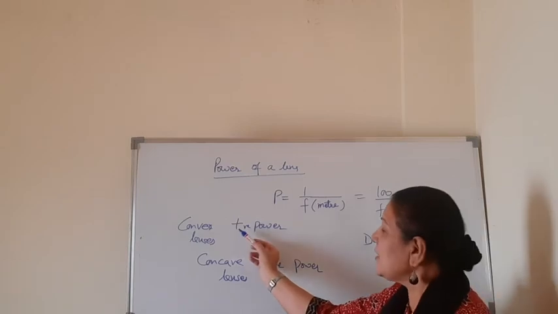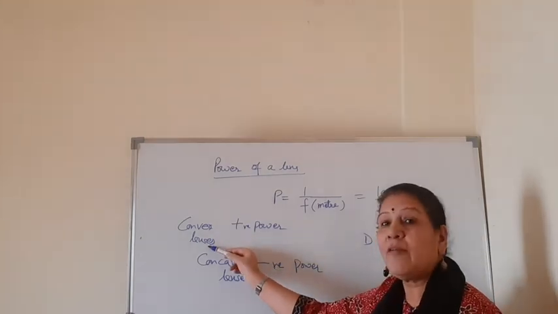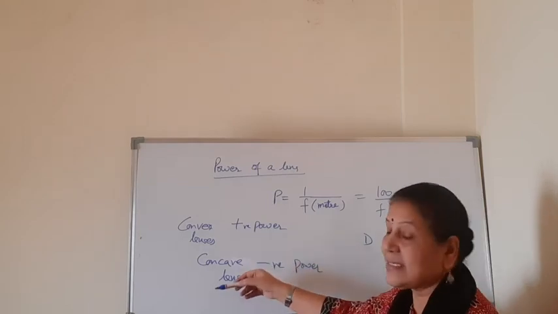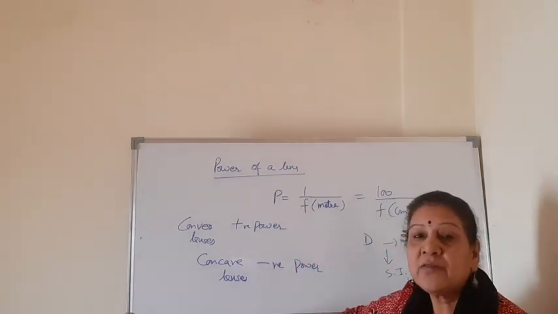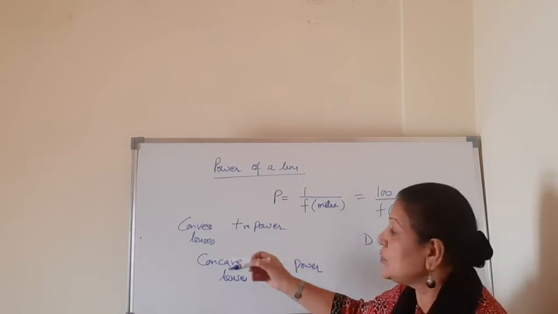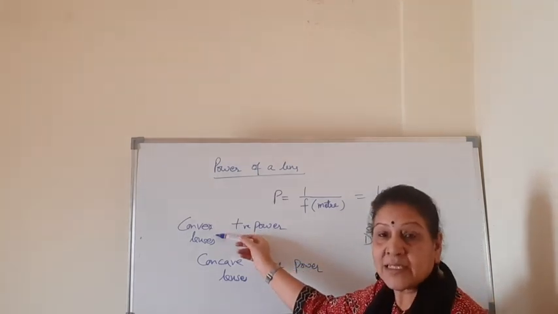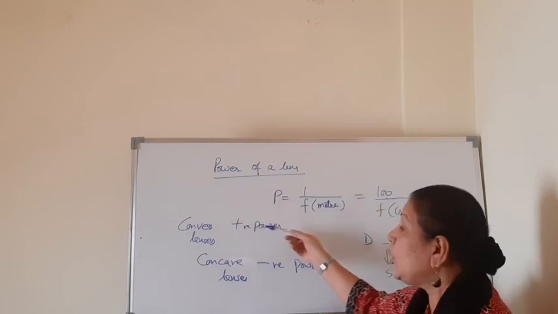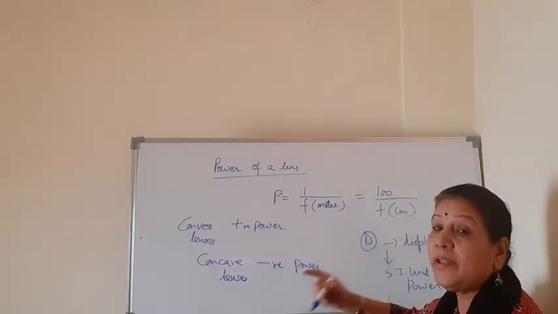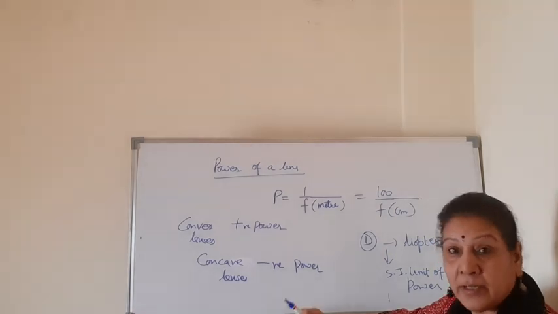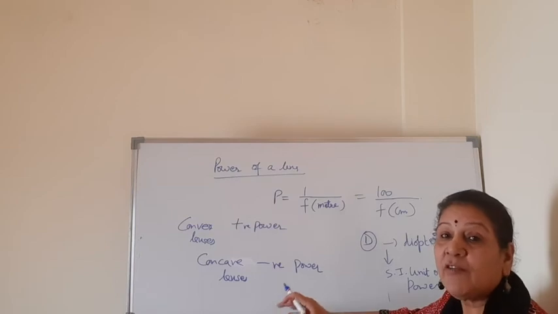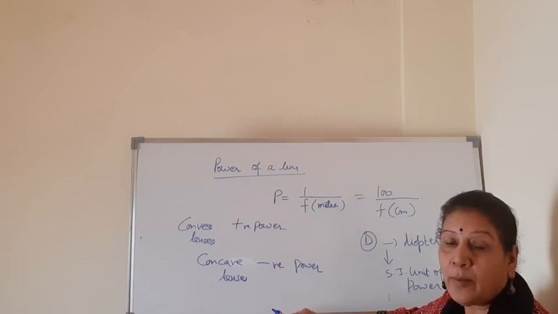So when the power is positive, it means we are talking about convex lenses. If the power is negative, then it is concave lens. So if someone is wearing the lens of plus 2D, it means they are using a convex lens, and 2D, D is for the diopter here. What will be the focal length of the lenses which he or she is using? We are going to talk about it in detail when we take a few numerical problems.